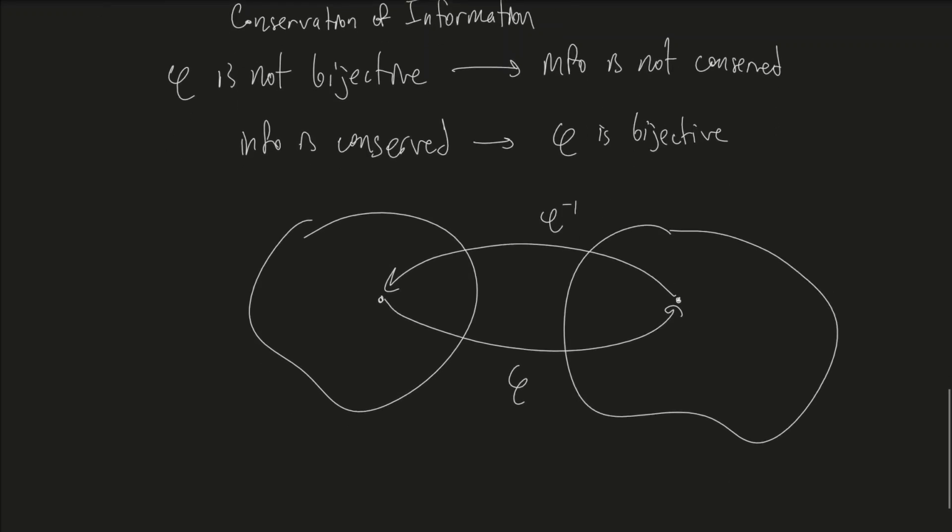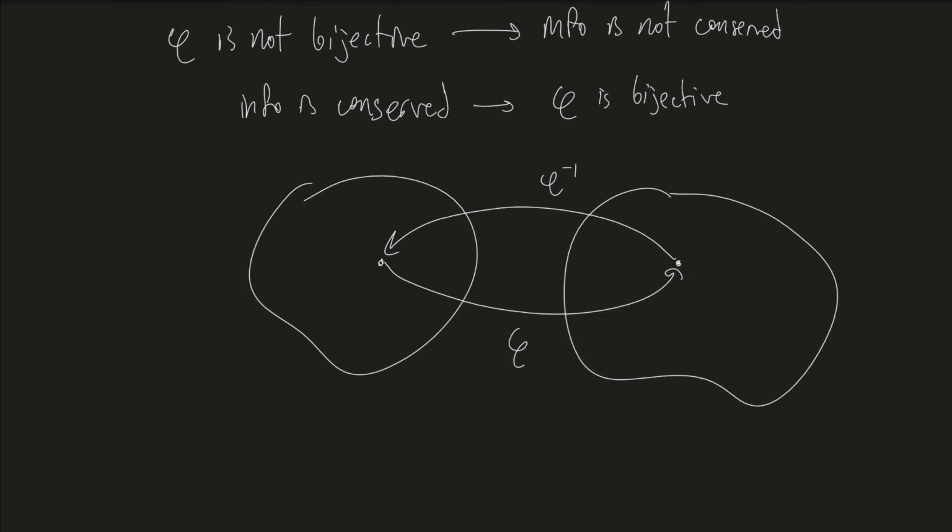So if you remember what our rules were for a mapping to be well defined and thus be a function, our first one was that it must map every element of its domain, right? So phi inverse maps every element, and let's call this b prime just to be consistent with what I was doing before.